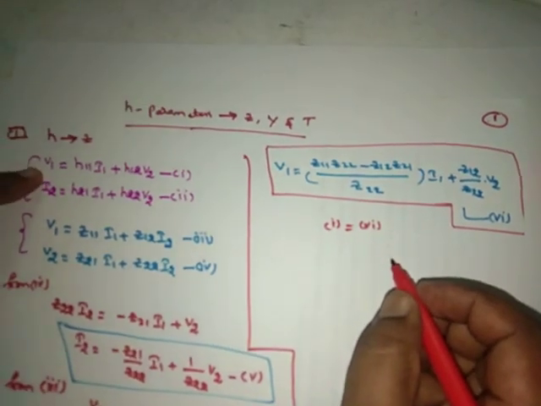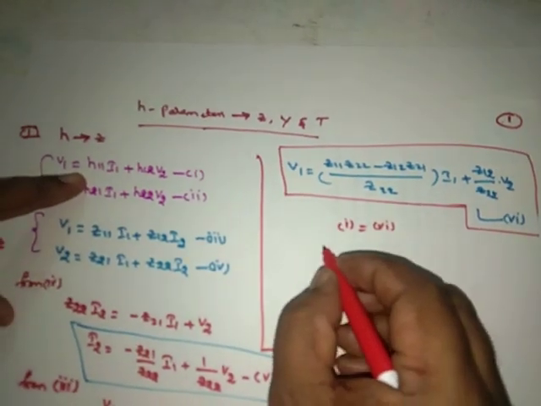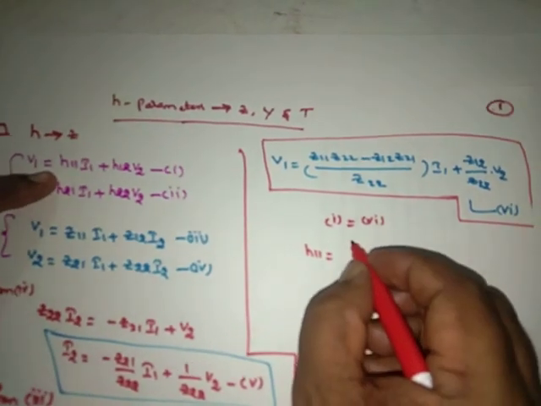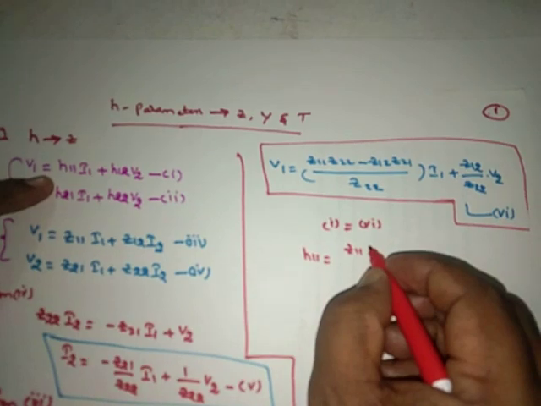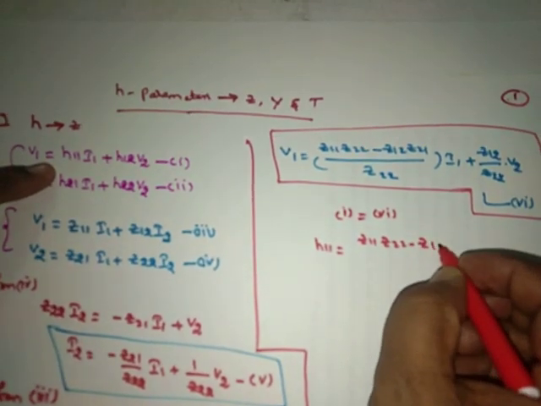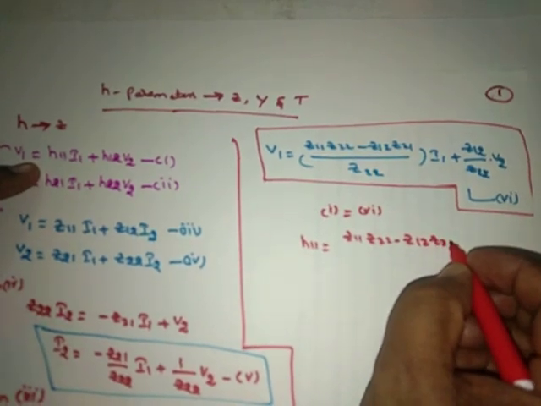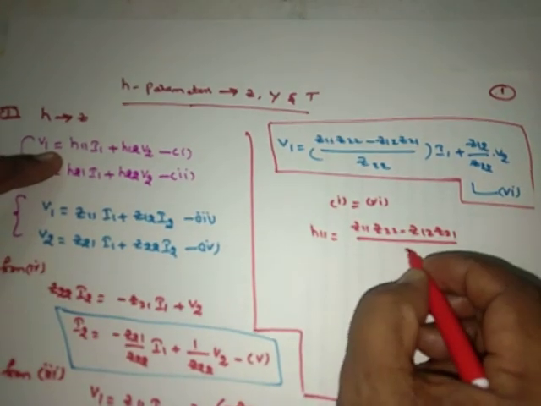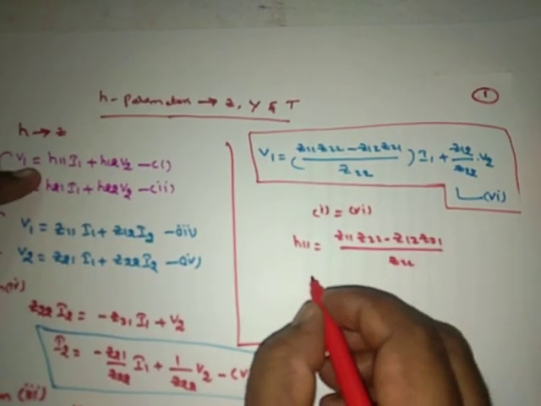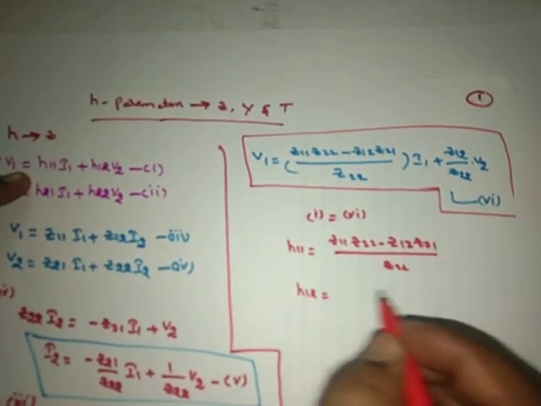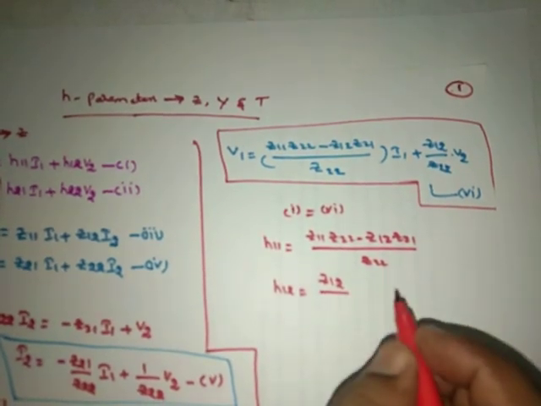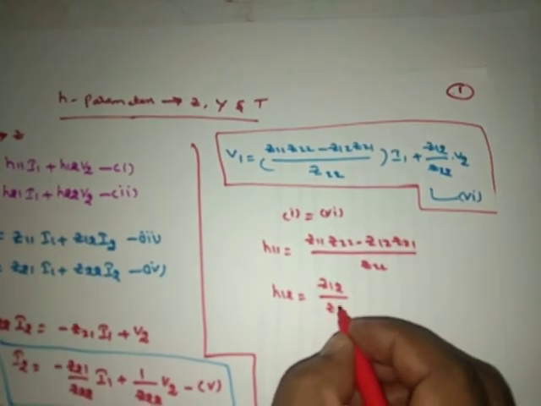So from V1, H11 is equal to (Z11 Z22 minus Z12 Z21) by Z22. H12 is equal to Z12 by Z22.